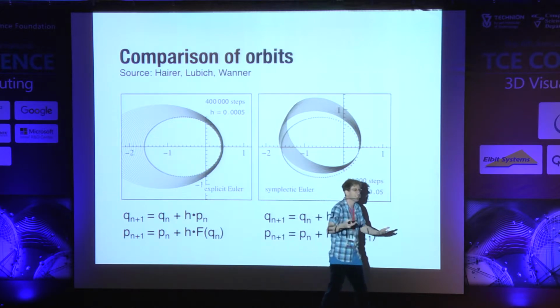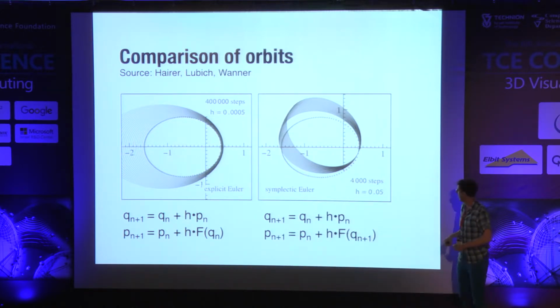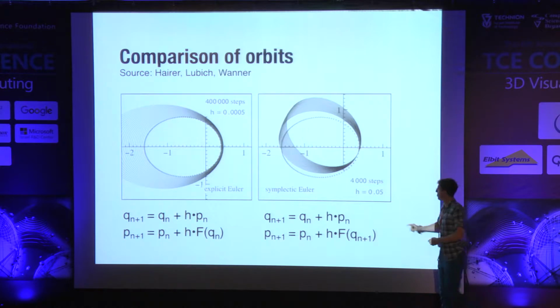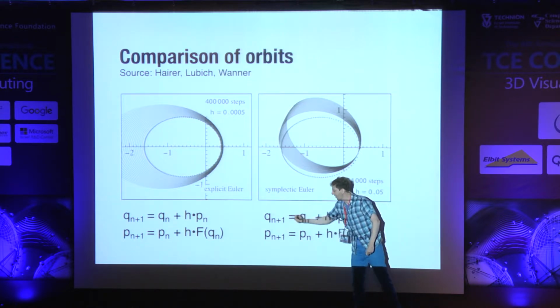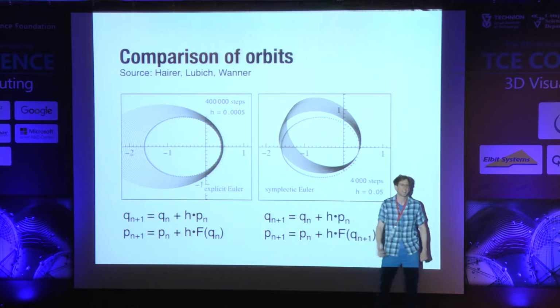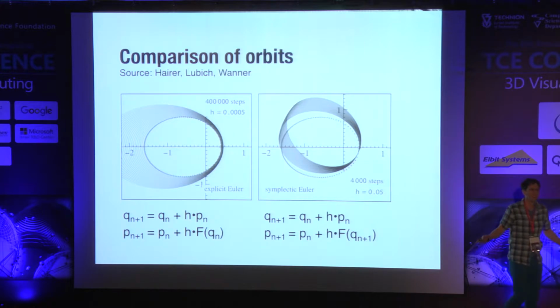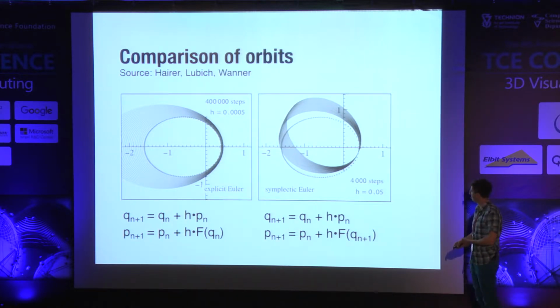I can just plug and chug to get the answer on the left-hand side. And actually the same thing is true here, because once I evaluate the first line, where everything on the right-hand side is in terms of n, I have Qn plus 1. And so when I evaluate the second line, I know everything on the right-hand side. So in terms of computational cost, neither of them needs a linear solver or a nonlinear solver. They're both explicit equations. But they perform very differently.